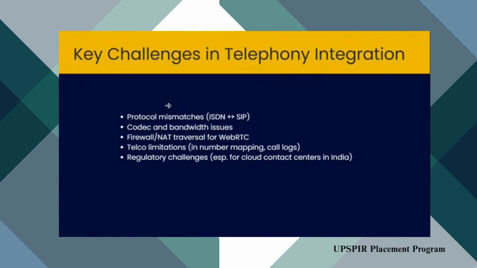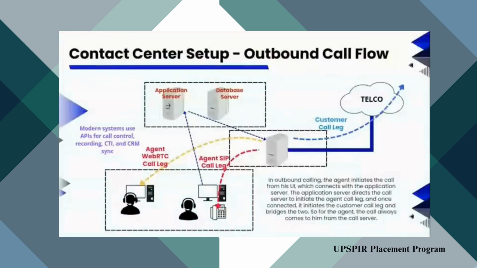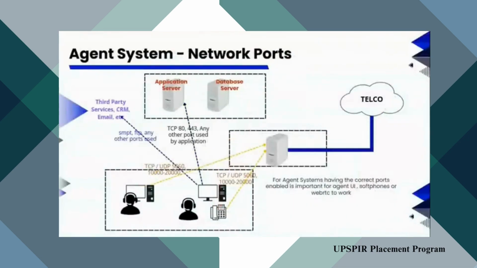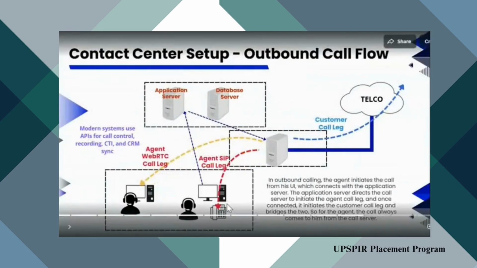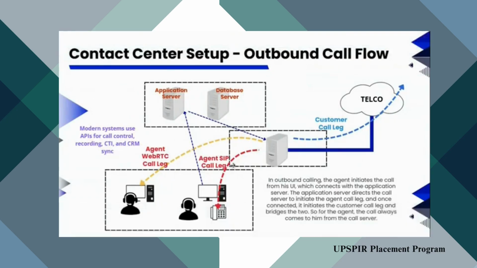So in such scenarios, the landline phones that we have for the agent, even these calls are made over the telco itself. So even the agent call will be established like this, not directly.